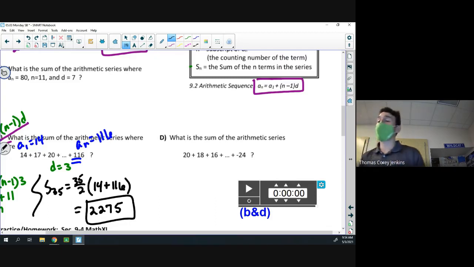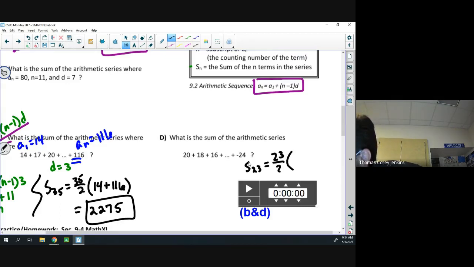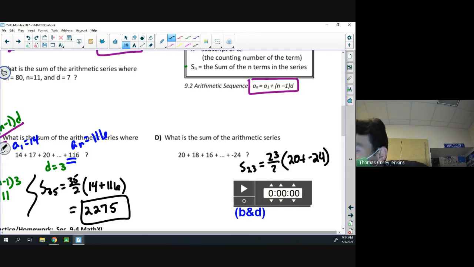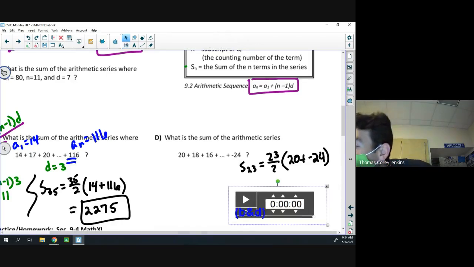So here's how we get it, right? So we do need that missing piece to know that we're finding S sub 23. All right. That means there are 23 terms. Once we have that, it's pretty easy. Just 23 over 2 times the quantity 20 plus negative 24. That's going to give you your negative 46.